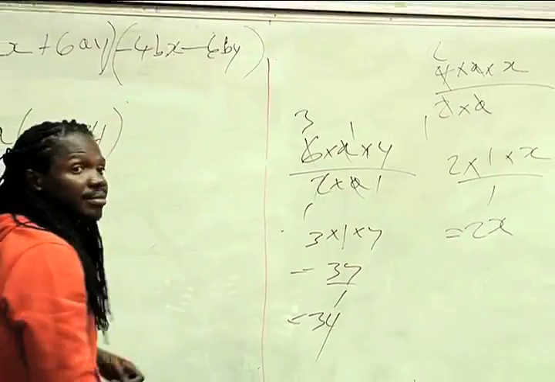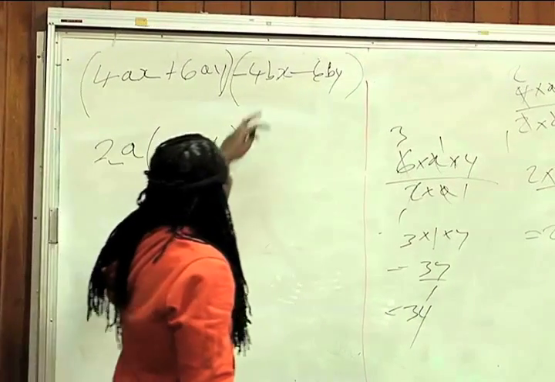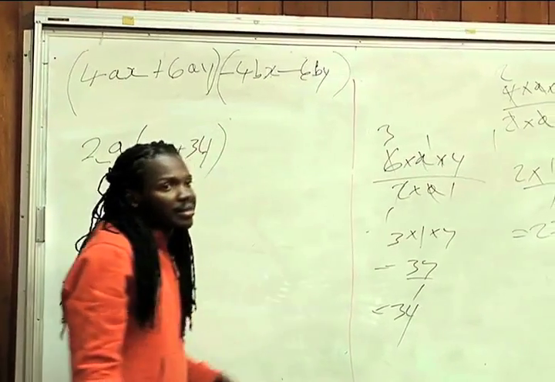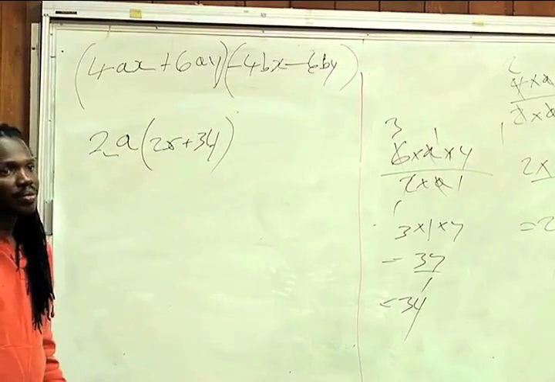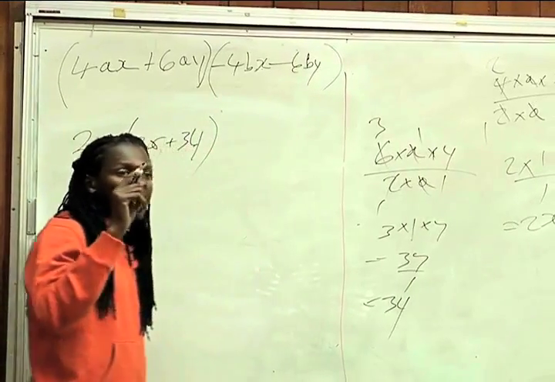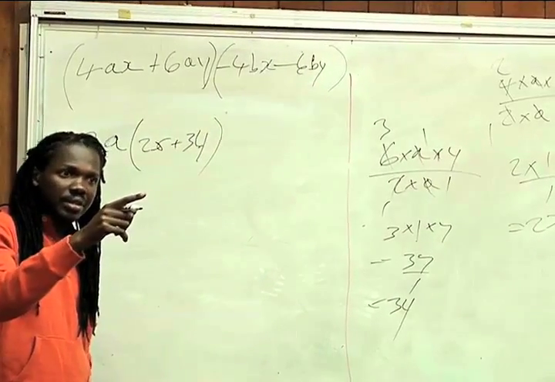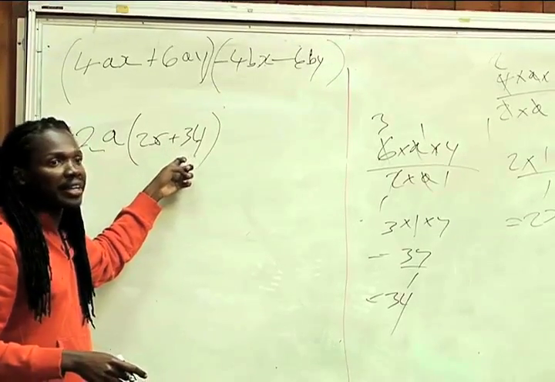See that? What number is common? 2. What kind of 2? Negative. Positive 2 is also common, but negative 2, because I want this to get back plus 3y.